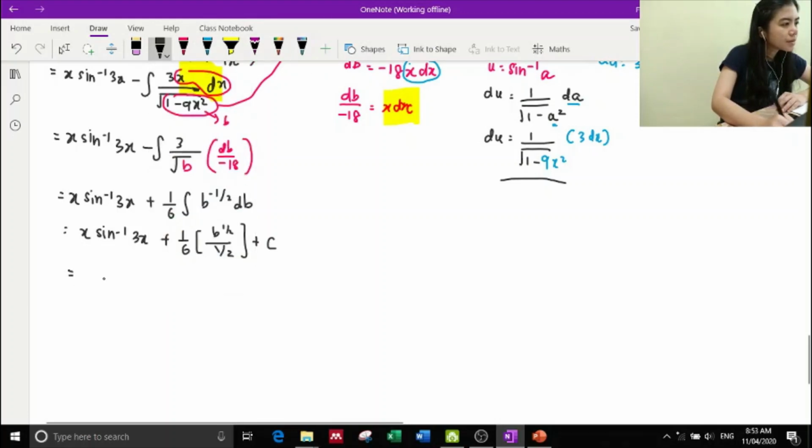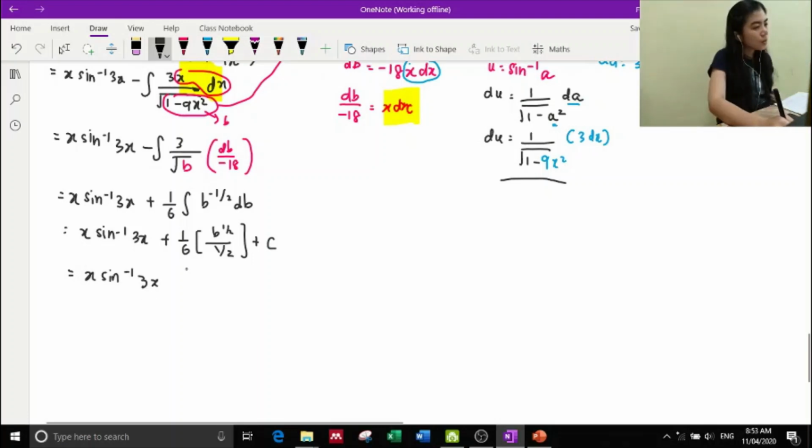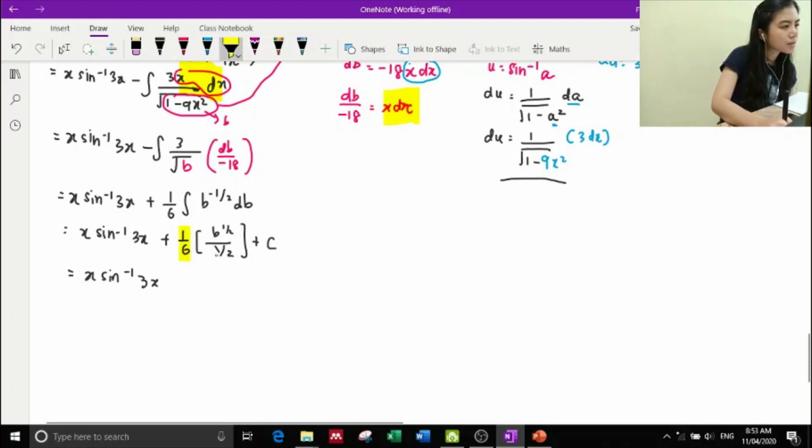Then we have x sine inverse 3x. This gives us 1 over 3. I'll just focus on the number only. So we have 1 over 3 for the number, then b to the power 1 over 2.